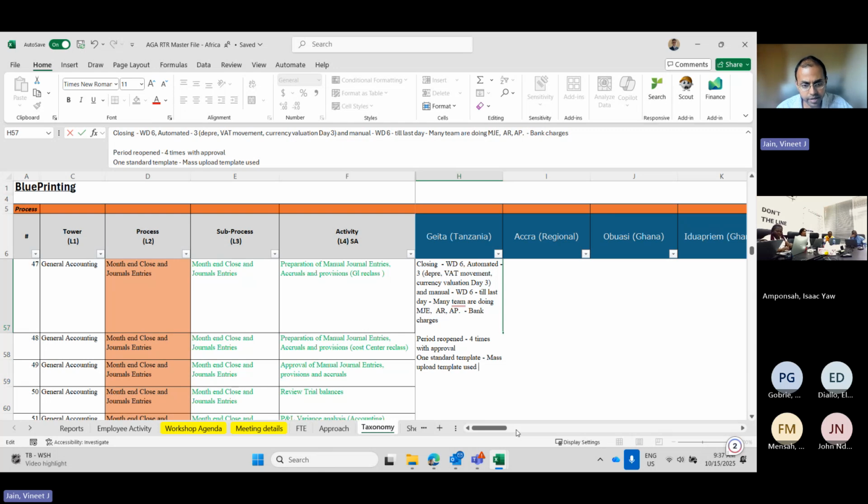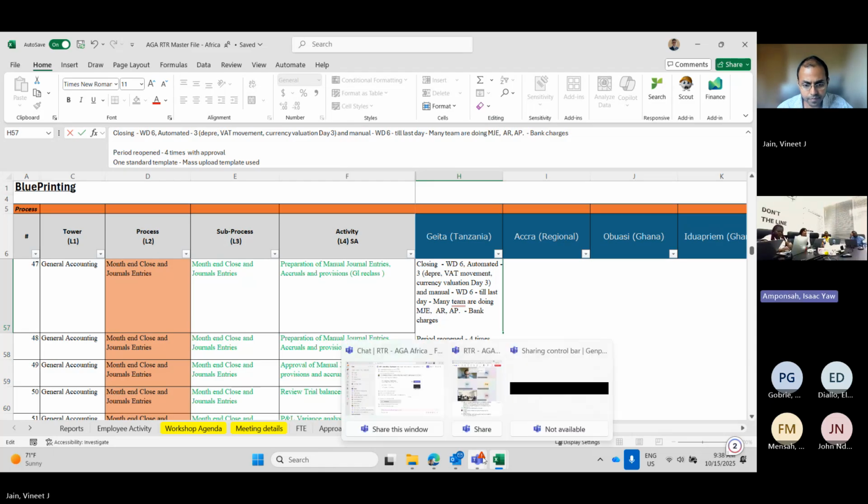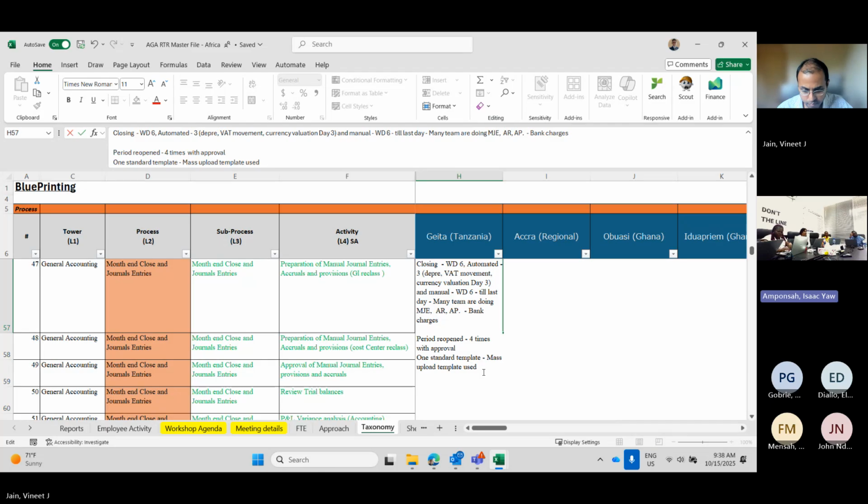Both can be used for mass upload. So mass upload has two types of templates: one is for your O journals and the other one is for your GC journals. What does GC mean?